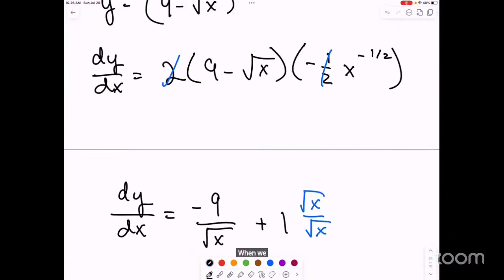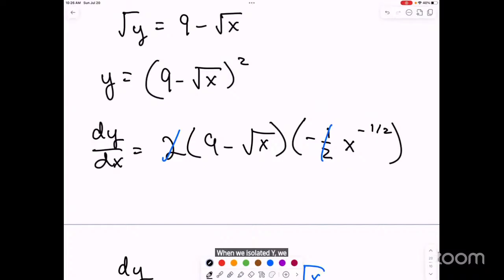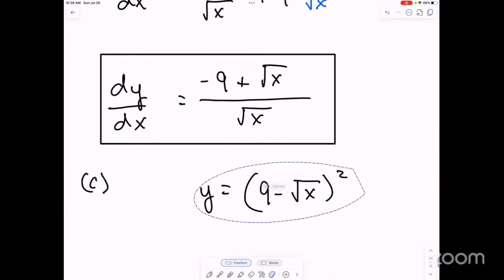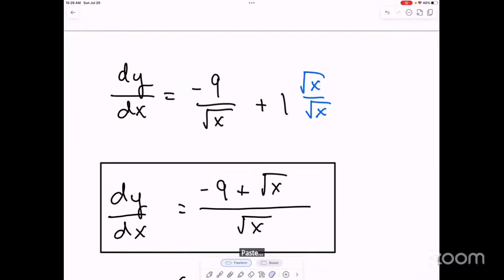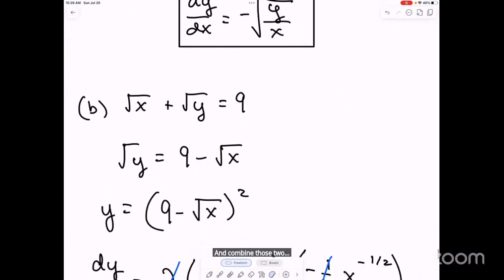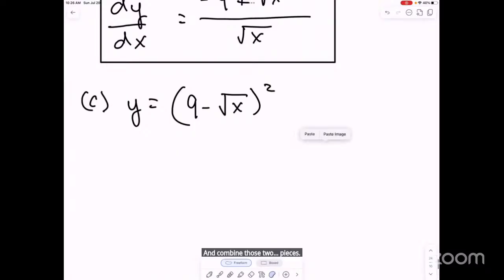When we isolated y, we got it right there, so we'll take a copy of this one here, paste, and then let's also take a copy of our solution from part A and combine those two pieces.